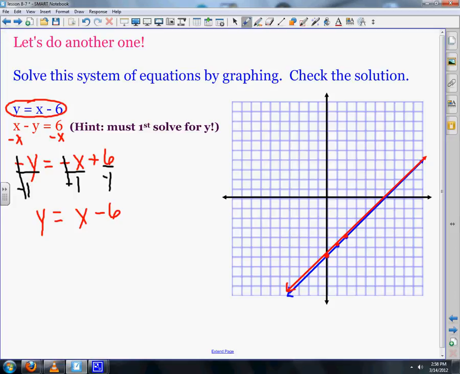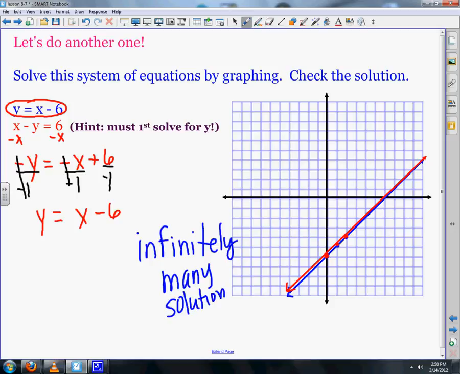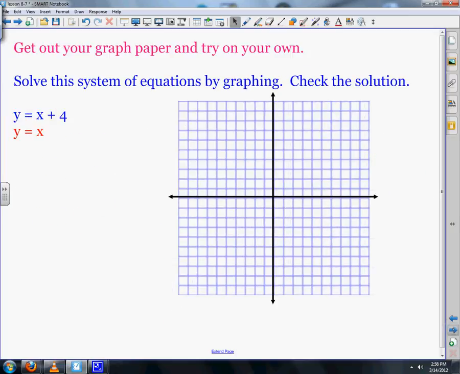So the solution here is infinitely many solutions. That means any point on this line would be a solution for either equation.